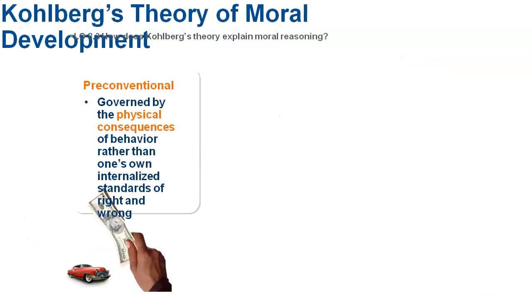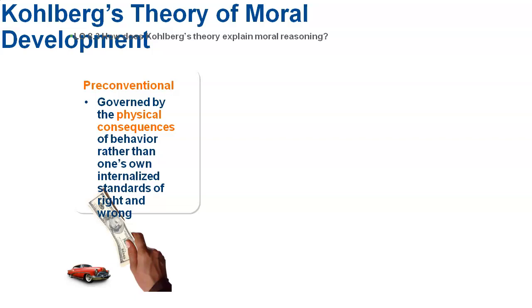Then we get into Kohlberg. Kohlberg had the theories of moral development. And so for the sake of the exam, you'll need to know the first 2. So we have pre-conventional, which is essentially a motivation of morality based upon a fear of punishment. So when we talk about pre-conventional moral development, it is a fear of punishment. So it's physical consequences.